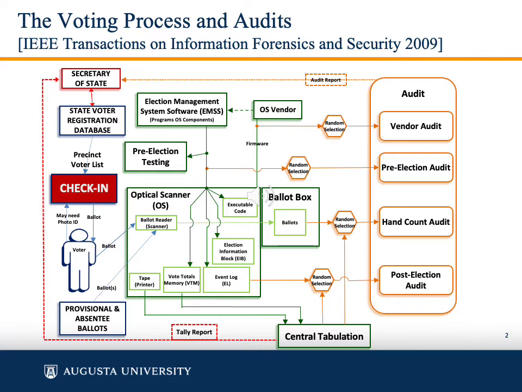I'm not going to go through this diagram in detail. Focus is only on the red box showing voter check-in. Before a voter can vote, they need to be checked in. And so if the rest of the systems are perfect, but the voters are not correctly checked in or not allowed to be checked in, the whole election is in trouble.